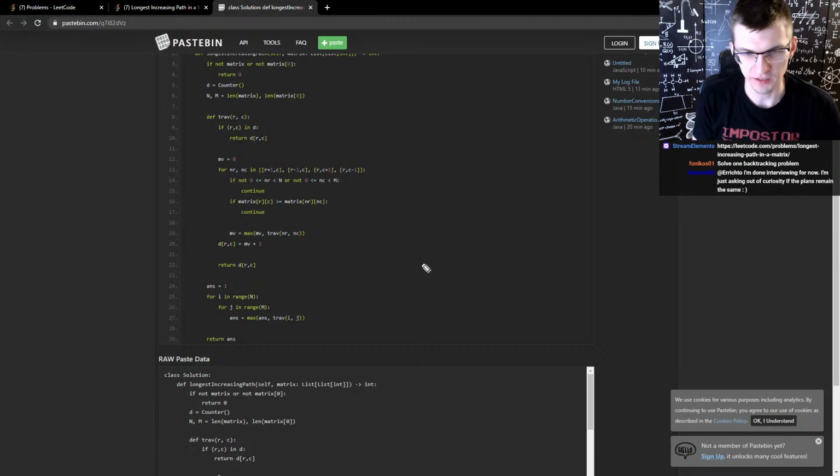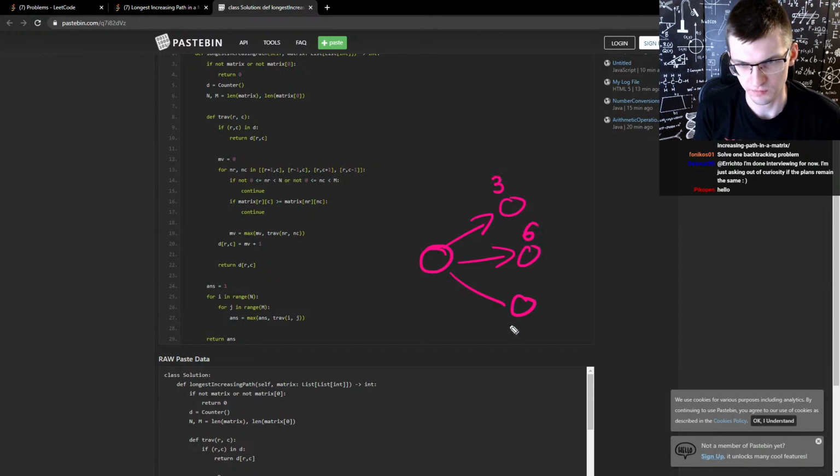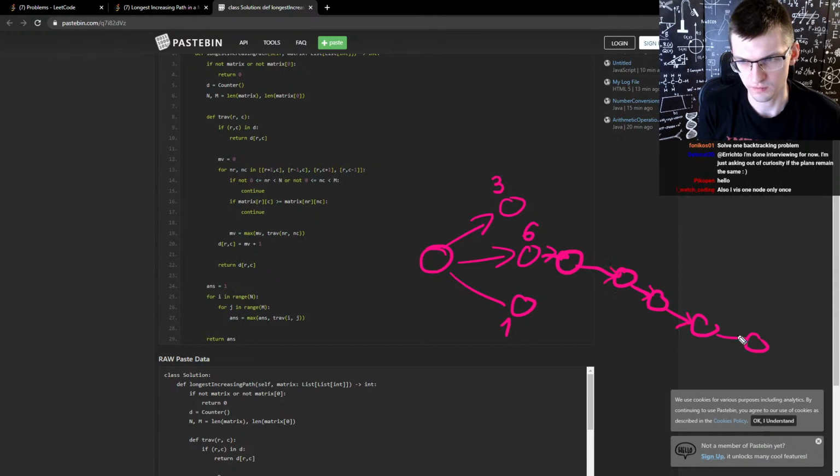Okay, so in a DAG, when we want to find the longest path from this vertex, I look at its neighbors, and if I know the longest paths for them, 6 means that there exists here a path with 6 vertices directed to the right. Maybe there are also some other things.